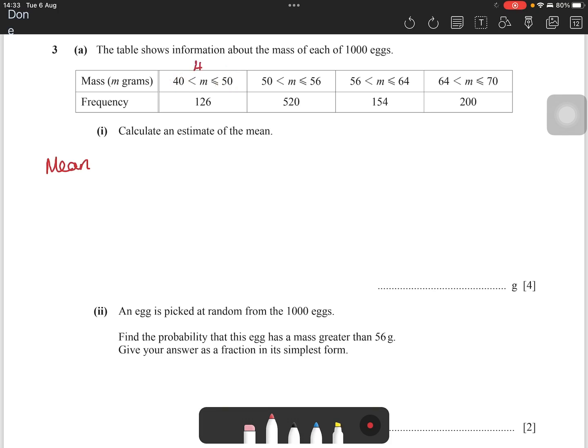So we say that the middle value for this interval is 45, and we'll multiply 45 by the frequency 126. For the second one, 50 plus 56 is 106. 106 divided by 2 is 53. And 53 multiplied by the frequency 520.